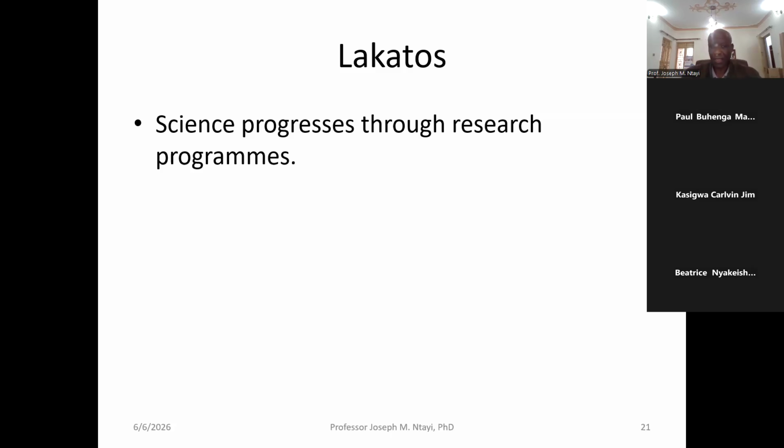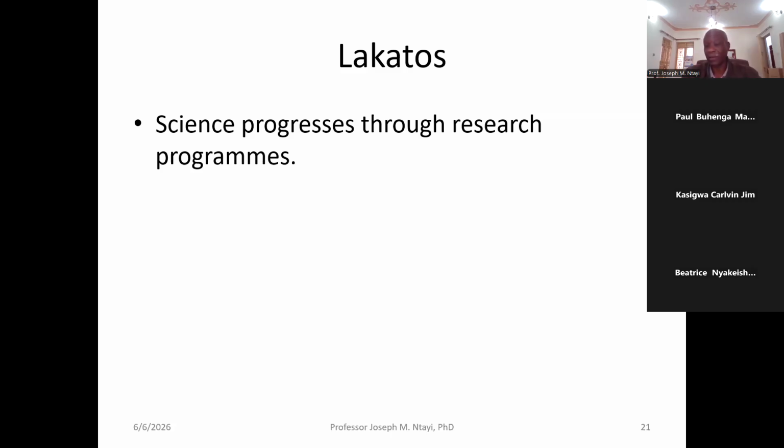Right, so this researcher is Imre Lakatos. And of course, Imre Lakatos's view is that research, or probably science in this case, progresses through research programs. Lakatos developed a sophisticated view of scientific progress that attempted to mediate between Karl Popper and Thomas Kuhn.